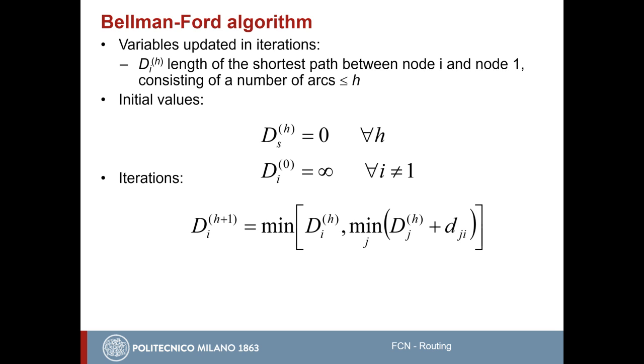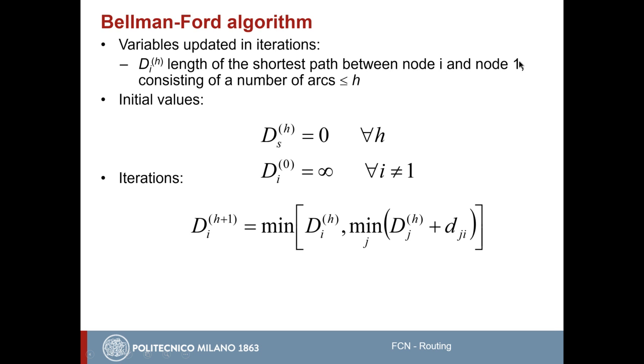So let's look at the formal definition of this algorithm. In order to run it, we need a set of variables, named capital D sub i, with exponent h, small h. The definition of this symbol is the length of the shortest path between a given node i and the source node.